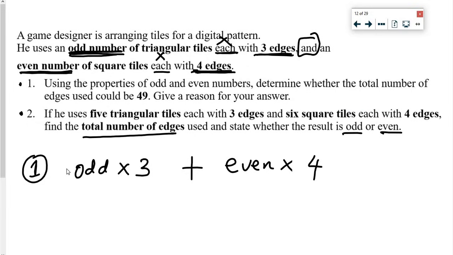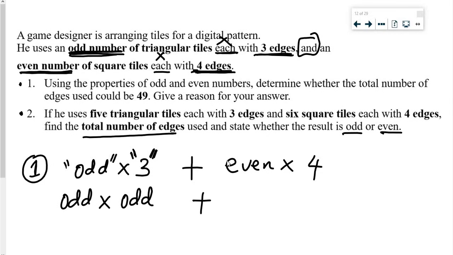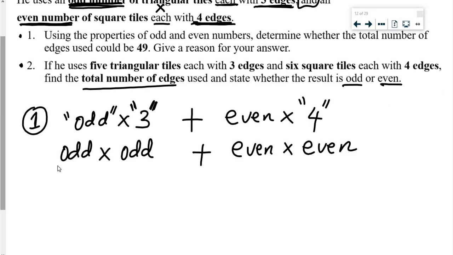Now, odd times, what is the parity of 3? The parity of 3 is odd, plus even times, what is the parity of 4? Parity of 4 is also even. Now, a lot of people will get confused here.